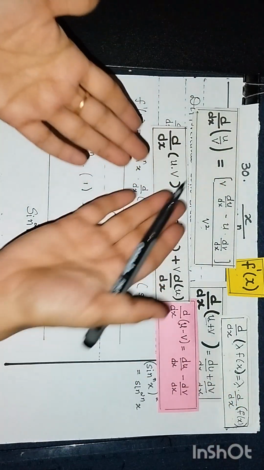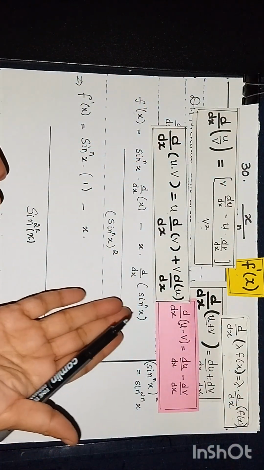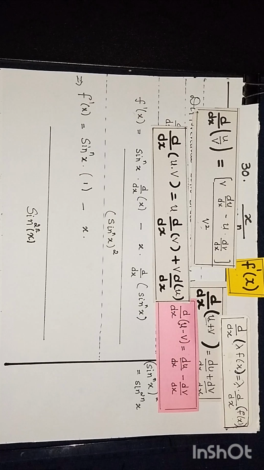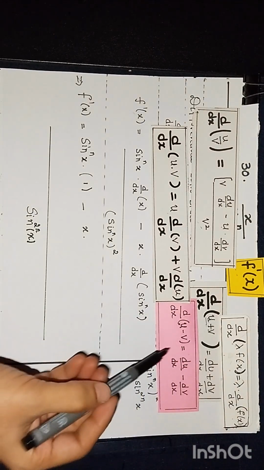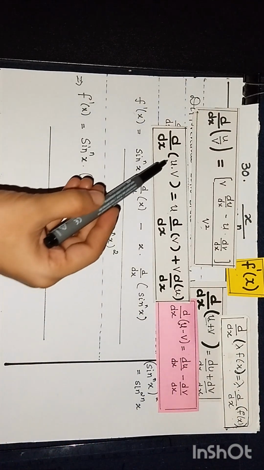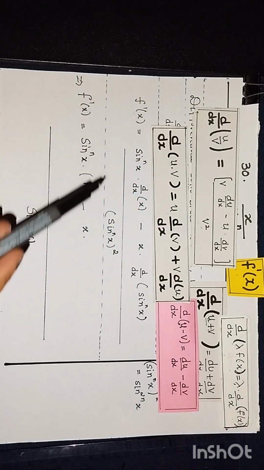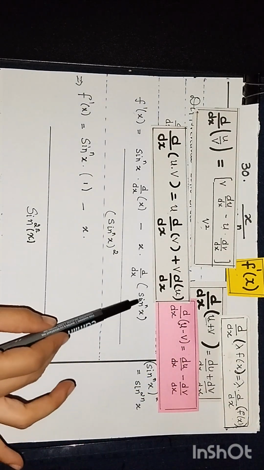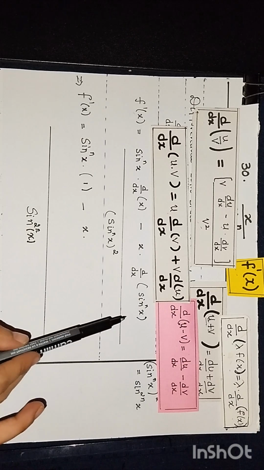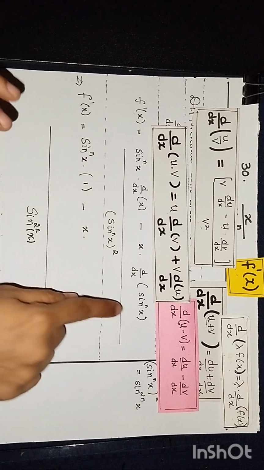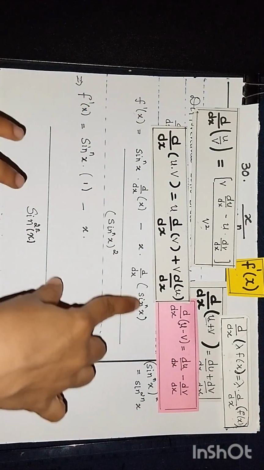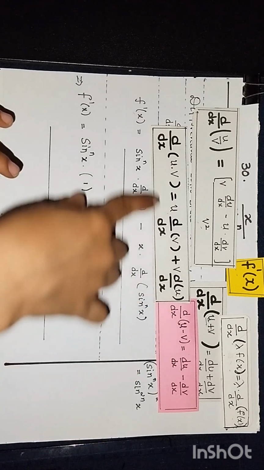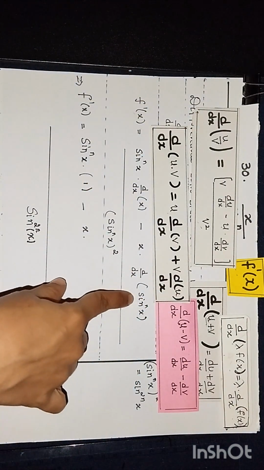So which algebra of derivative will you apply here to find the derivative of this function? Sum of function, difference of function, product of function, quotient of function, constant into function? None of these. None of these you will apply here, because there are no operations such as sum, product, difference or quotient here.